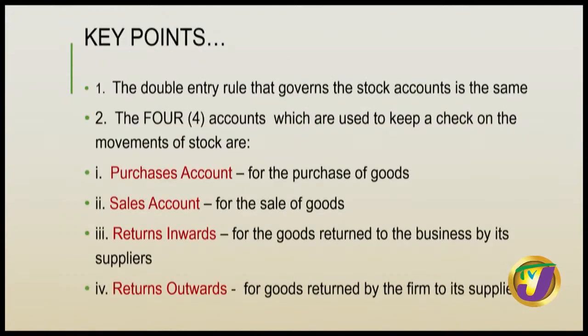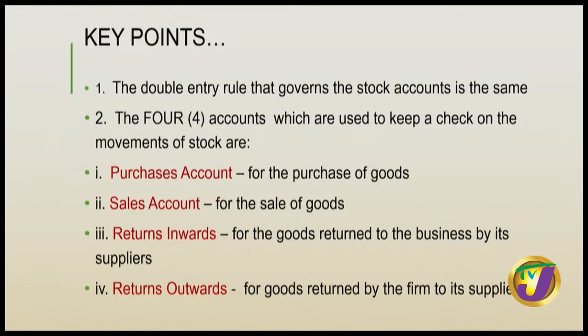Now, what are the key points emanating out of today's lesson, students? The double entry rule that governs the stock accounts is the same that governs assets. The 4 accounts which are used to keep a check on the movements of stock are: 1, say it with me, purchases account for the what?